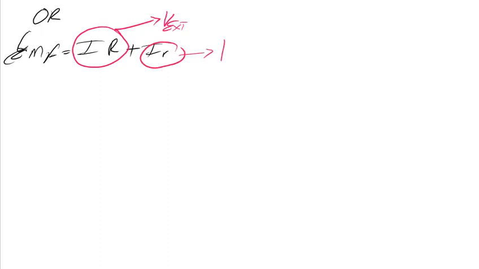Remember, you're multiplying current times the internal resistance, and current times resistance is voltage. Since you are multiplying the current with the external resistance, it will be the external voltage. And this one, since you are multiplying it with the internal resistance, it will be the internal voltage. So you can use voltages.